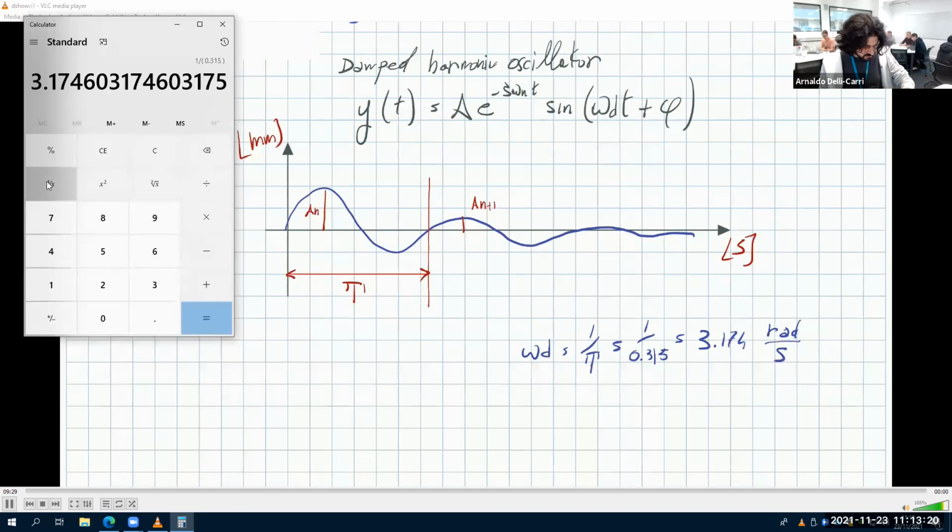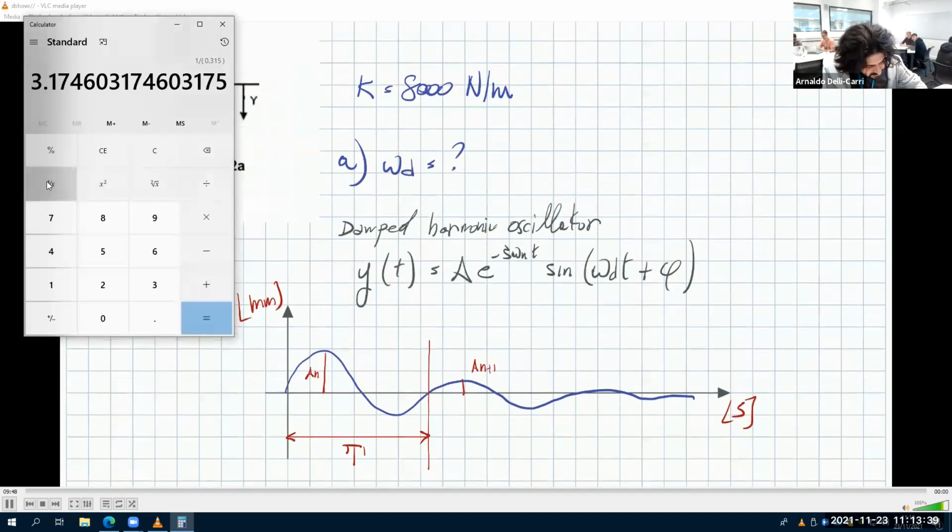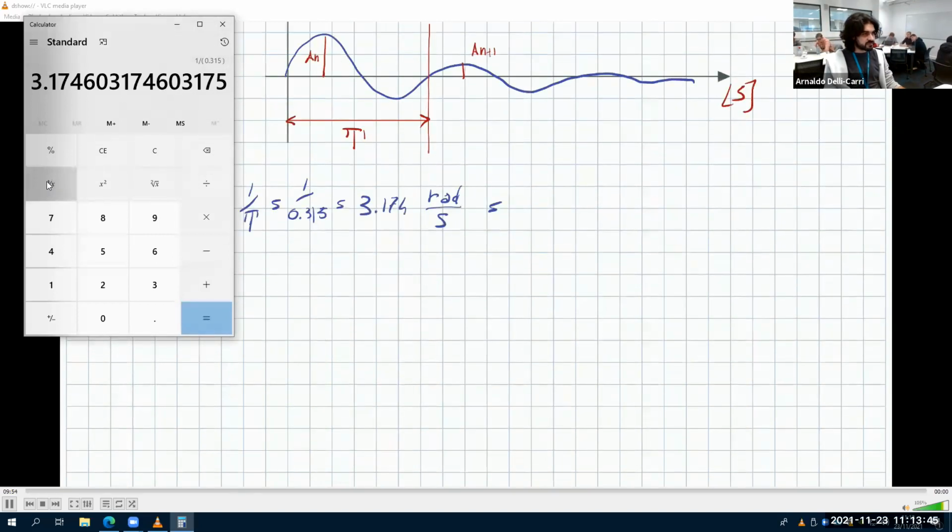Which of course corresponds to how many hertz? How do we find this in hertz? Remember that omega is always 2 pi f, where f is the frequency in hertz.